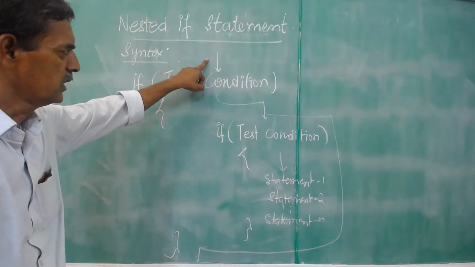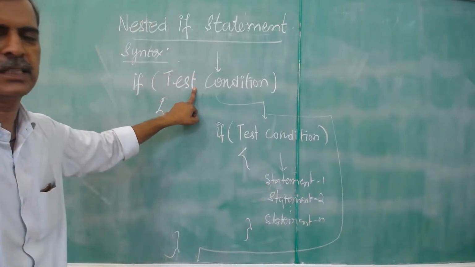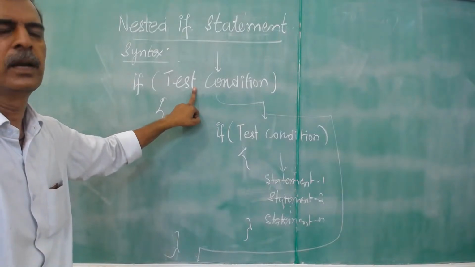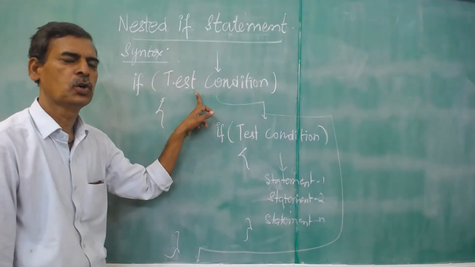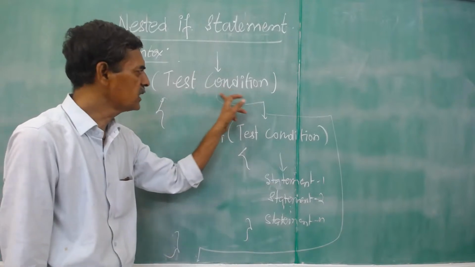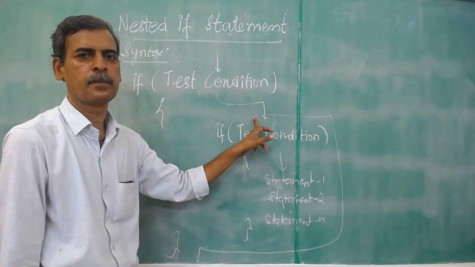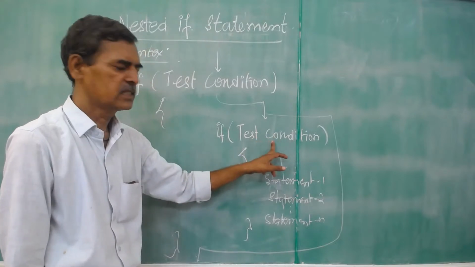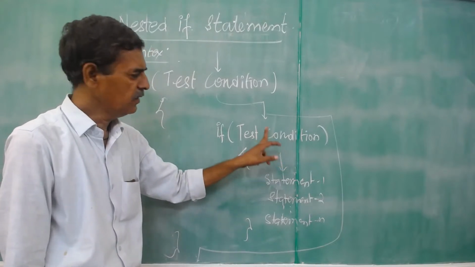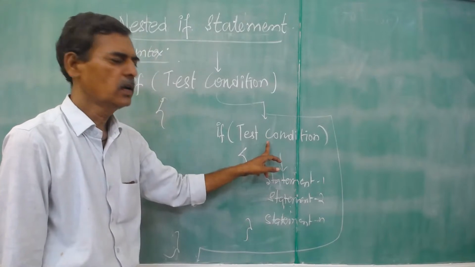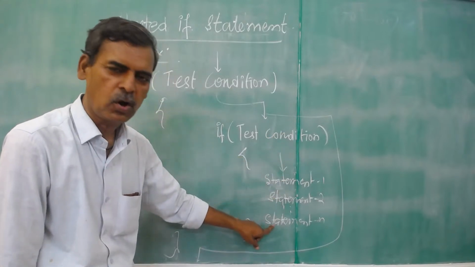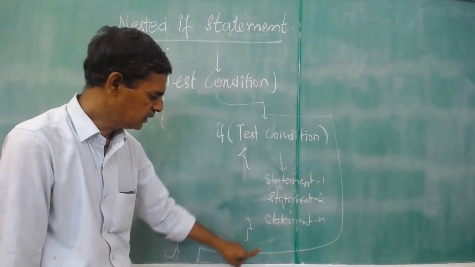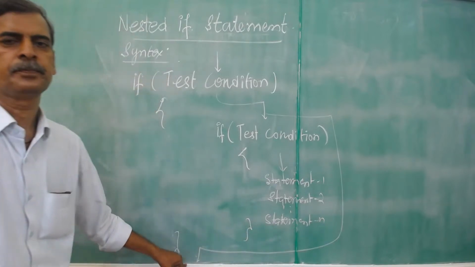To repeat it once again: first, when the control comes here, it checks the test condition. If the test condition is true, the control comes inside the if block. Again, here, the second level test condition is tested. If this test condition is true, then statements in this if block are executed. Then it goes to the next statement.